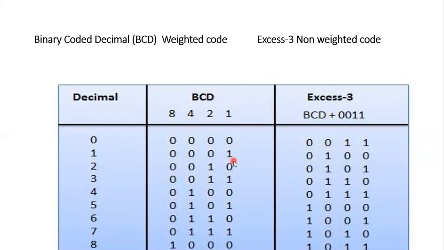Like that 1, we add 3, 4, so 0100. Like that 7, we add 3, so 7 plus 3 is 10, so 1010. Like that 8, 9, etc. This is called the XS3. It has no weight, so the XS3 is called the non-weighted code.